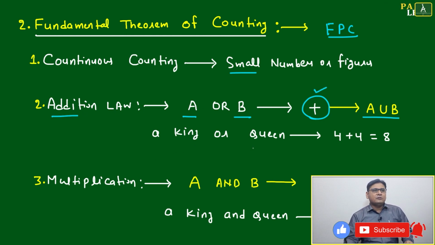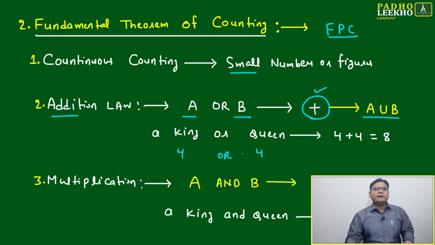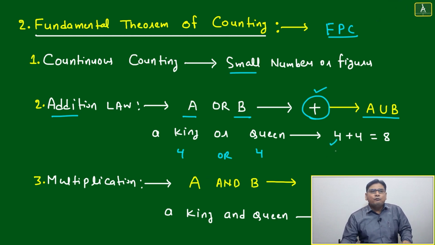Like suppose a king or queen. King will be 4 in number and queen will also be 4 in number, in cards. Whatever cards we are playing, 4 kings will be there, 4 queens will be there. If you want to select 1 king or 1 queen, how many methods will be there? Out of 4 kings, if you want to select any king, then 4 methods.